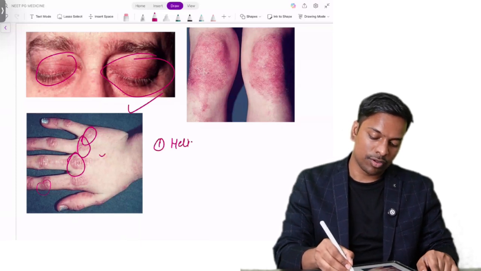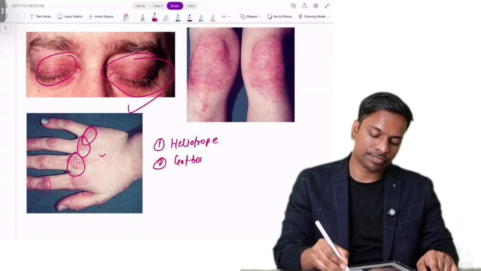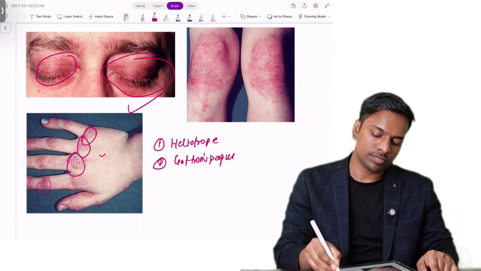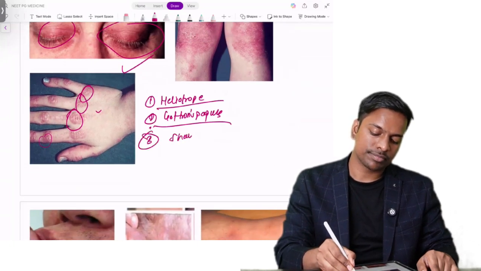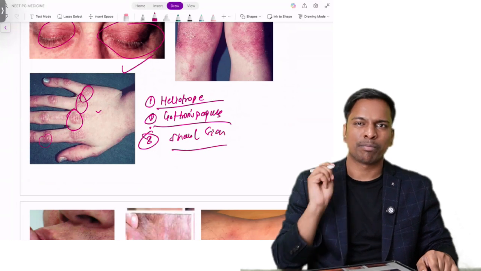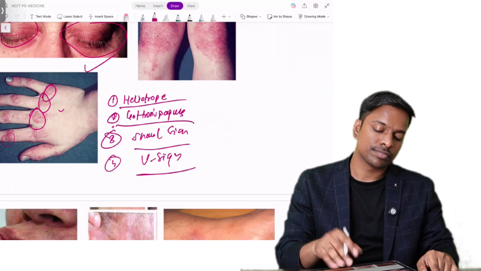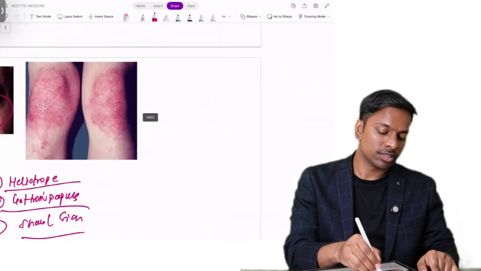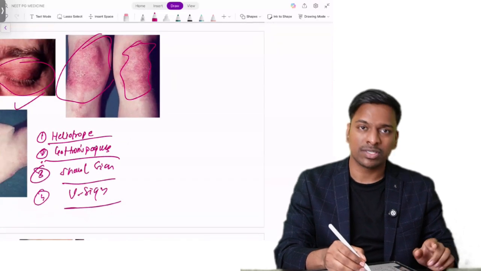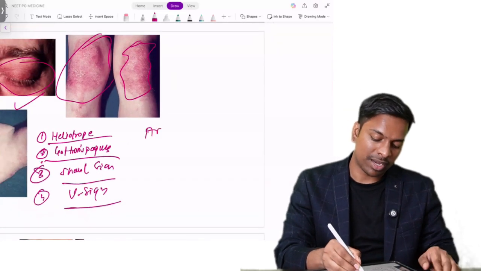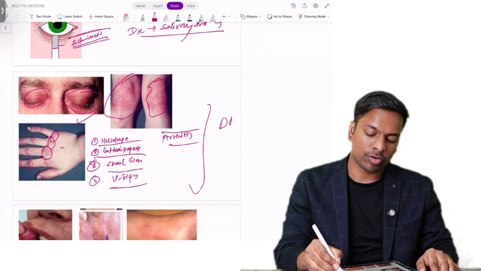I'll just write them down: heliotrope rash, Gottron's papules. Apart from that, we have the shawl sign, that means inflammation on the back, and V sign at the neck. And there is arthritis, mild arthritis can also be there. So this is nothing but the diagnosis of dermatomyositis.